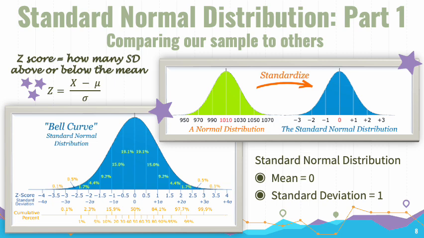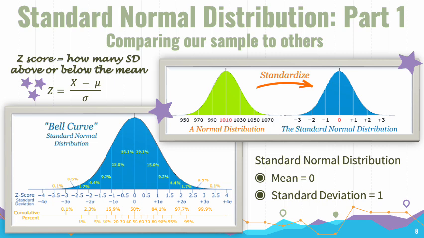It is very unlikely that you are going to get a z-score smaller than negative 3 or larger than positive 3. If you get a z-score that falls out of the range of plus minus 3, you know that this is an extreme outlier.